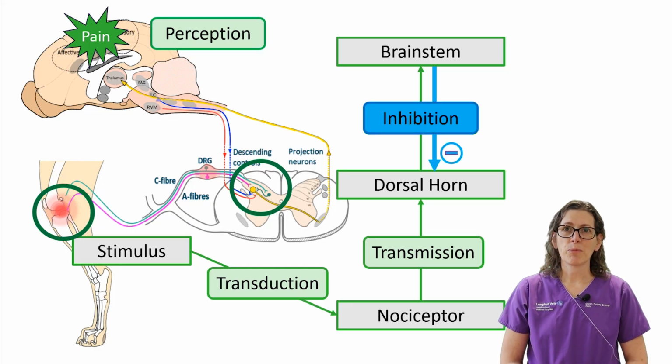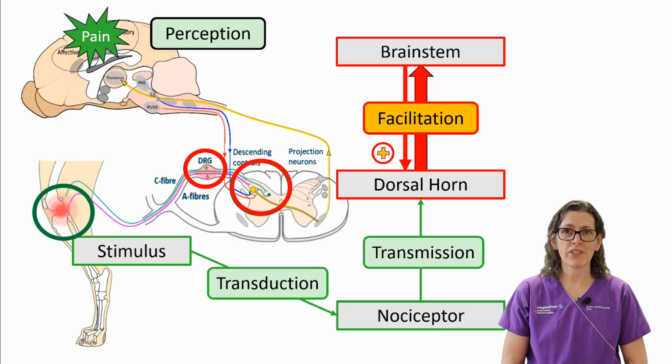Descending inhibition from the brainstem dampens that dorsal horn excitability, which is what I was talking about with this modulation, and it reduces that pain perception. And then healing can occur and the pain starts to recede. And this is the normal endogenous control of pain. So I've illustrated descending inhibition in the blue.